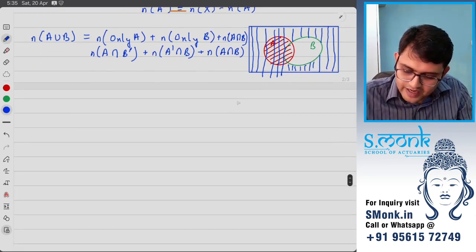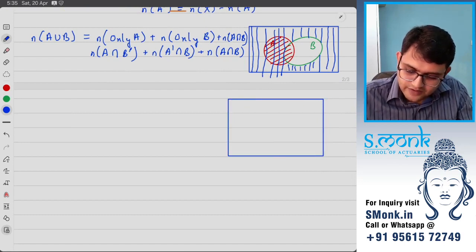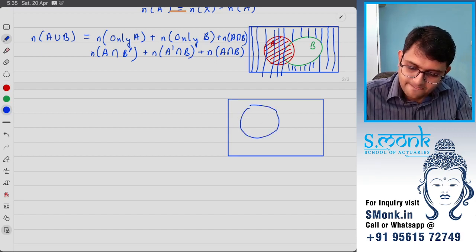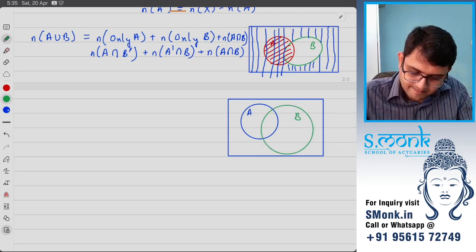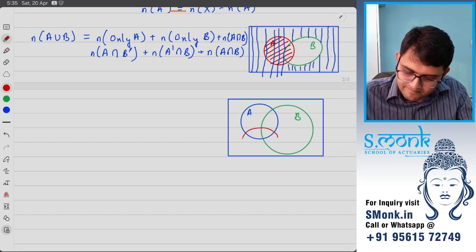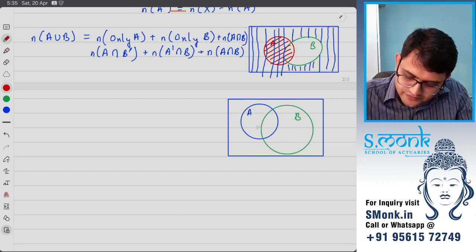Now what if we have three sets? Let's say I have A, B and C, and C is going out of the universal set.